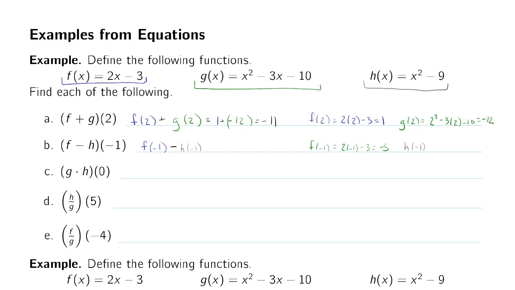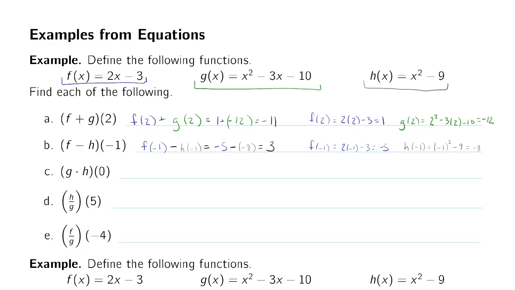H of negative 1 is negative 1 squared minus 9, which is negative 8. And so this is just negative 5 minus negative 8, which works out to positive 3. F minus h of negative 1 is just positive 3.